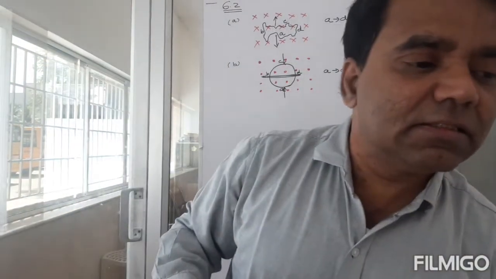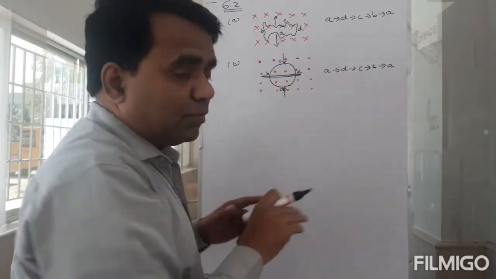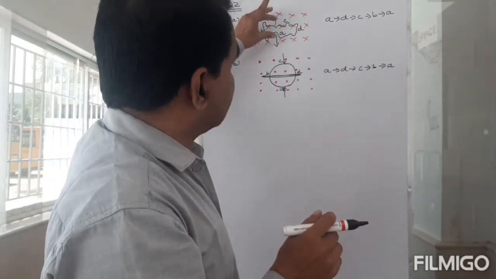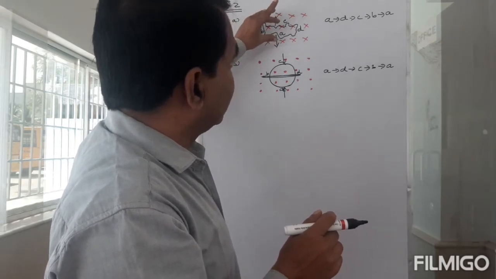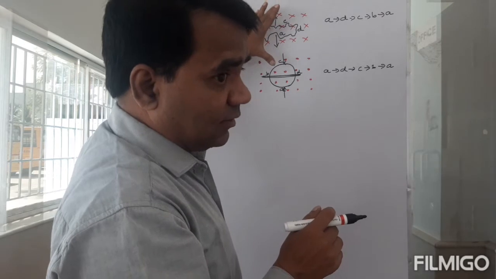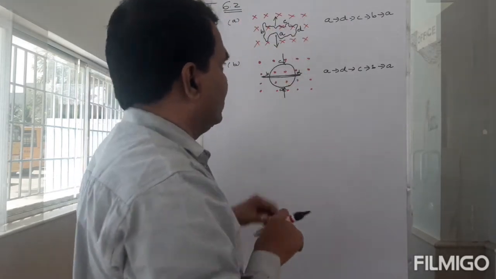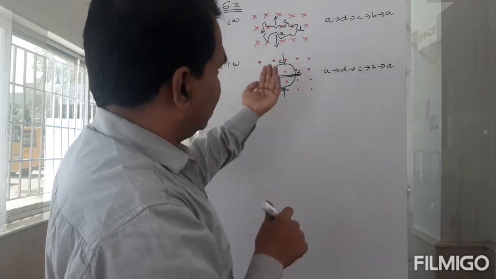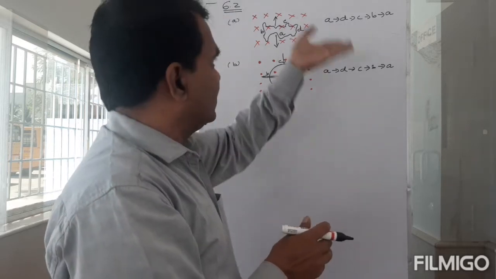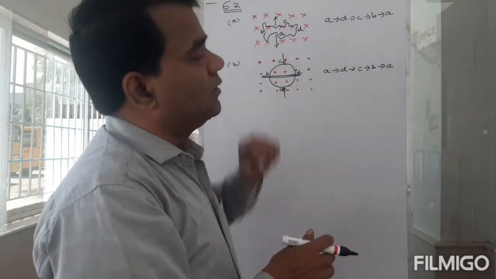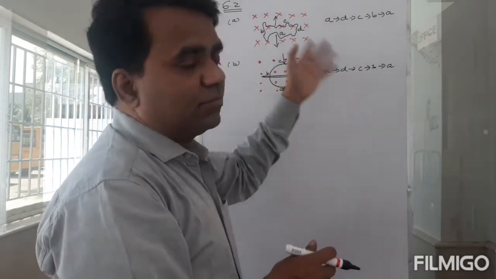In both cases, the direction is the same, but you have to understand that in the first case, the flux is increasing, and this flux is into the board. But in the second case, the flux is out of the board, but it is decreasing. So that is why you end up having the same result, the same direction for both cases.